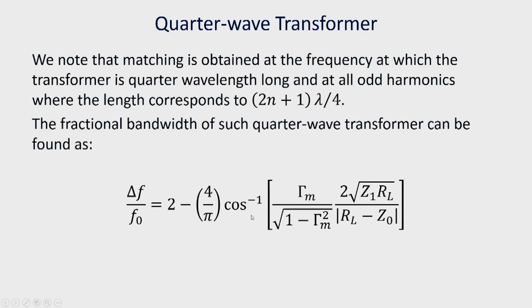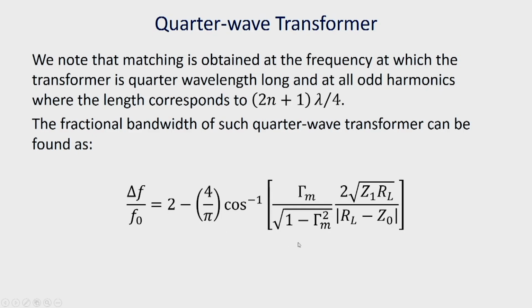So, this is cos inverse 2 gamma m divided by under root 1 minus gamma m square into 2 under root z1 into RL divided by mod of RL minus Z0.